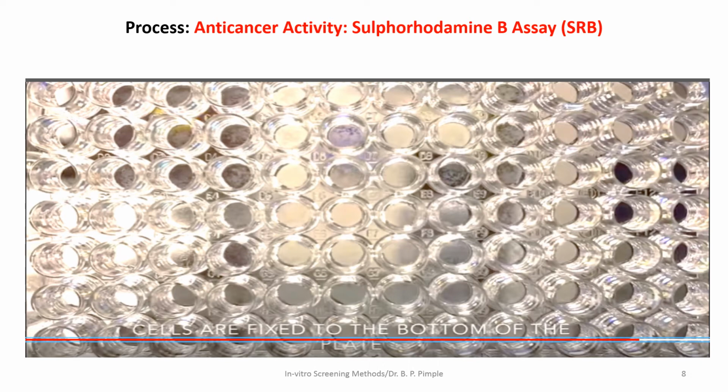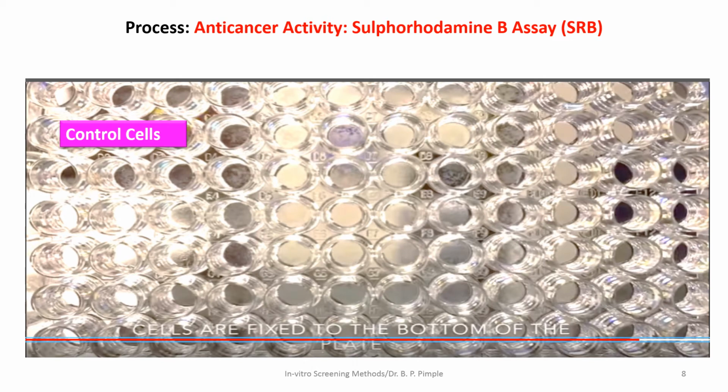Now, not all the wells are used, only a few. Suppose we have different test tubes, and the first test tube we will call the control, which will have only the cells and their nutrient media, so that the cells survive.